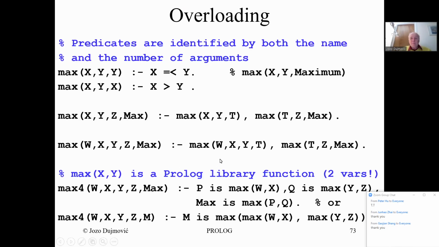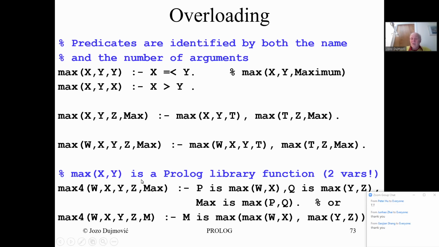Okay. Can you overwrite the library functions? No, because this is not overwriting a library function. It has 3 variables, and the library has 2. So you cannot define a library function max of x, y that is doing something else. You can write max of x, y, but if you do that, then you are ruining this max and making something that is not useful.